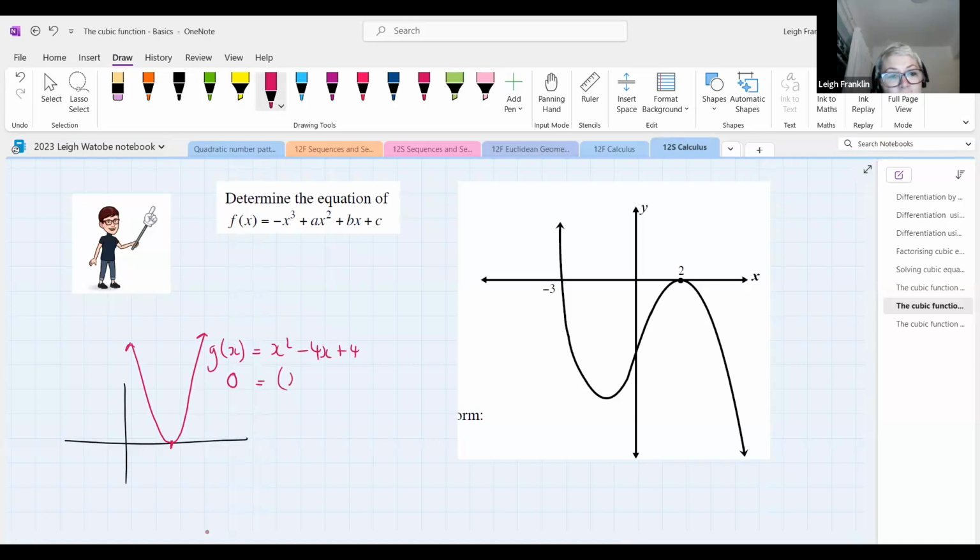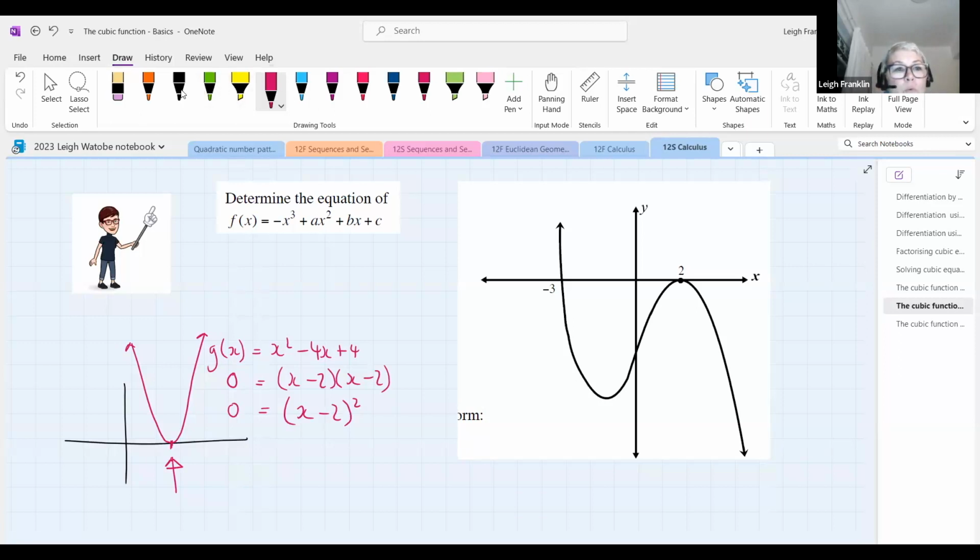And then when I factorized my brackets, I would have a situation like this, which can also be written in this way. Okay, so when I have an x-intercept that's also a turning point, my bracket is going to be a square. The same thing applies in the cubic function.